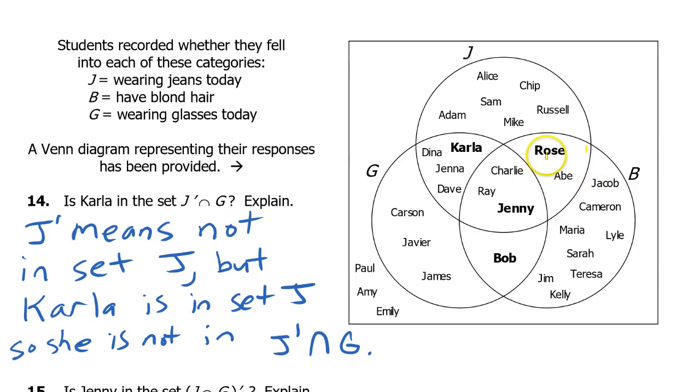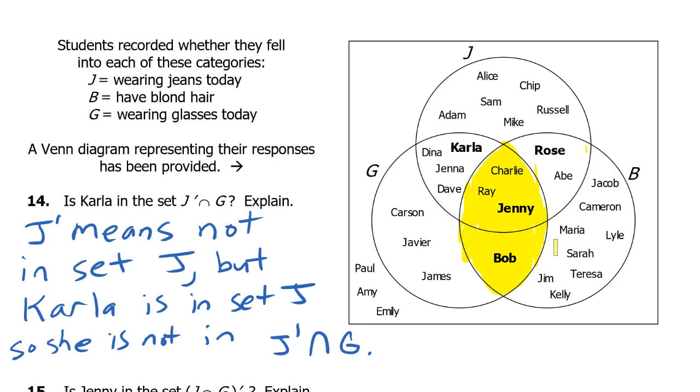Okay, so here is the overlap between B and G right here. Okay, so if we just wanted the set of people that were in B and G, then this would be it.